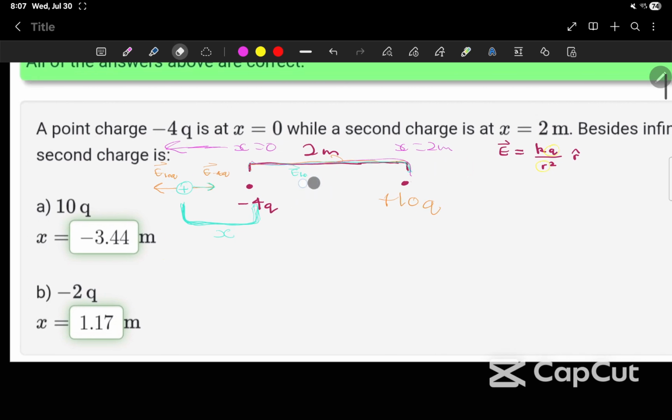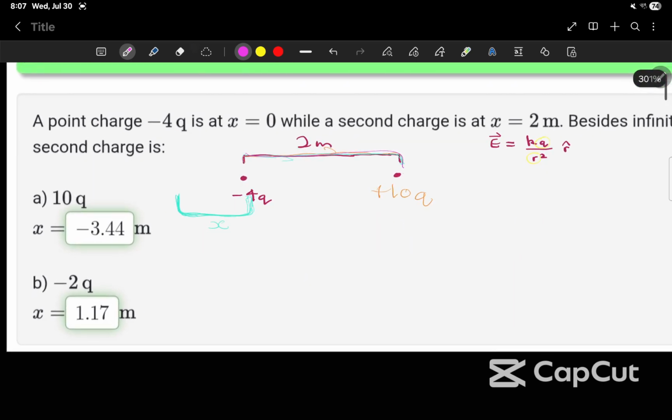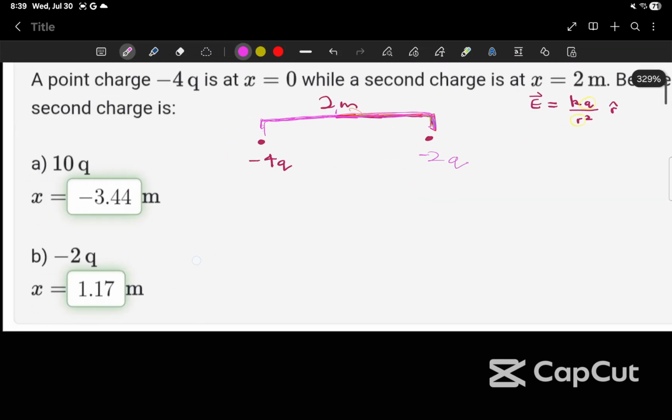Now, moving on to part B. Now the second charge isn't 10q, it's negative 2q, so that's what I've written over here.